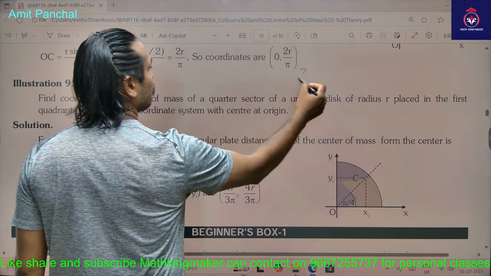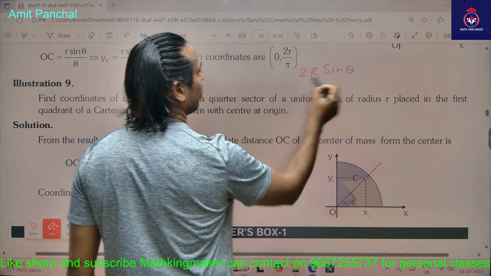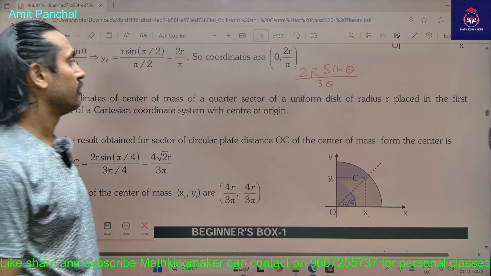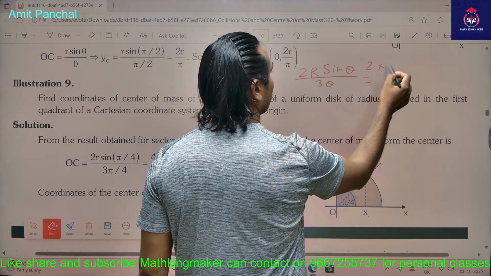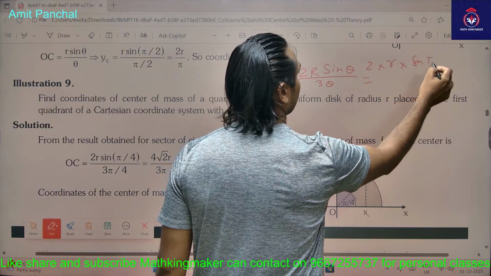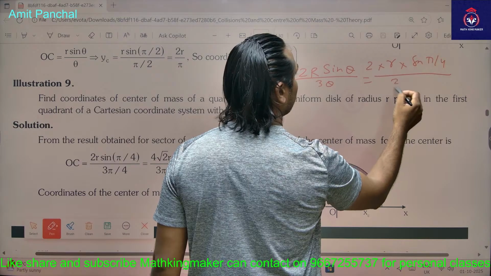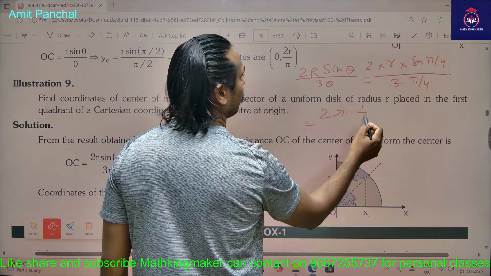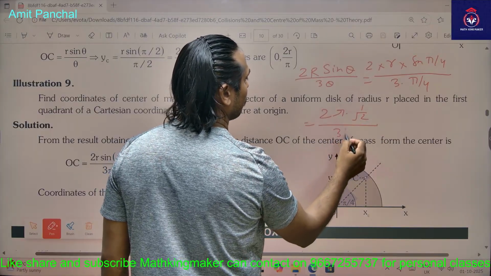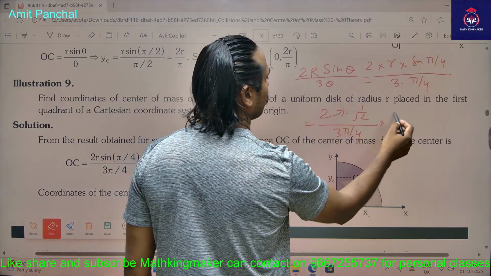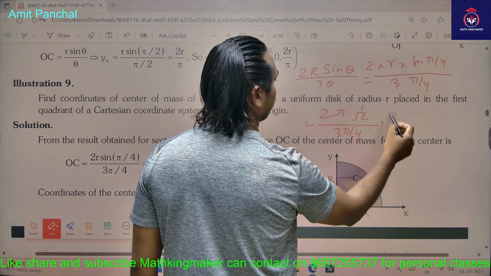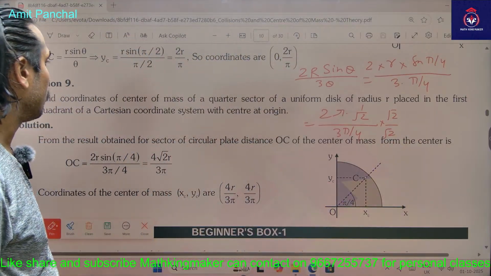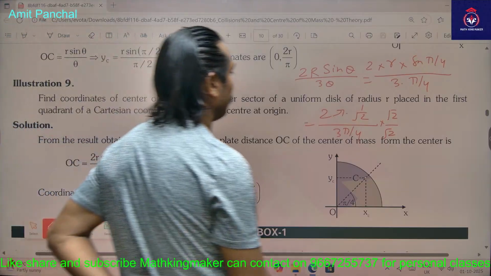Yeah, the formula is 2r sine theta divided by 3 theta. So 2r sine pi by 4 divided by 3 into pi by 4. Sine pi by 4 is 1 by root 2, so that is 3 pi by 4. Now multiply root 2 in the numerator as well as in the denominator.